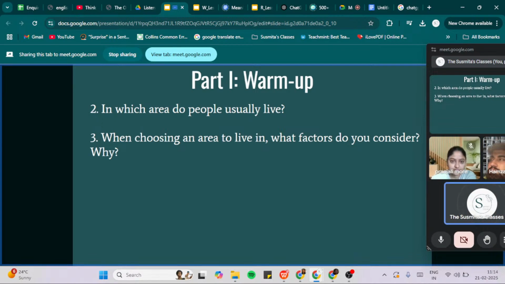Yeah, parks because they play an important role. Okay. And Ranjali? Okay, go on. People usually choose the area where they can easily get the facilities and also good environment. Okay. That's it? Yes. Okay, no problem.